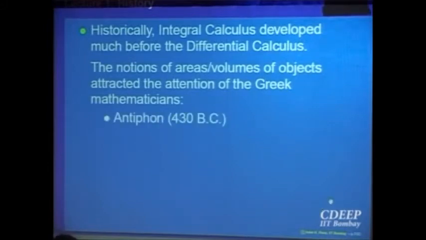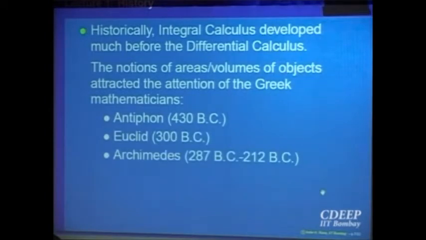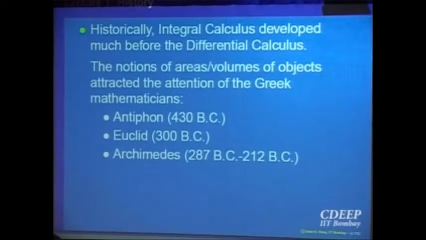Some of the mathematicians, or scientists, are Antiphon, Euclid, and then of course Archimedes. Of course there are many others, but these are the main philosophers, scientists of that era who contributed to calculation of areas and volumes.